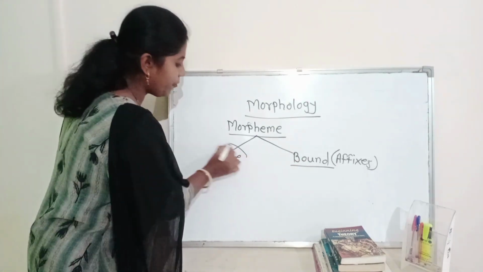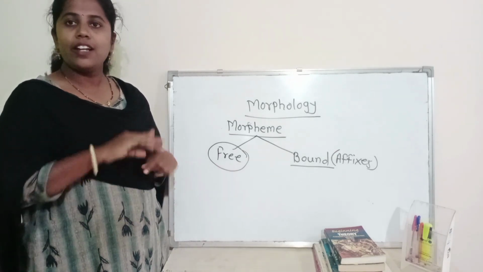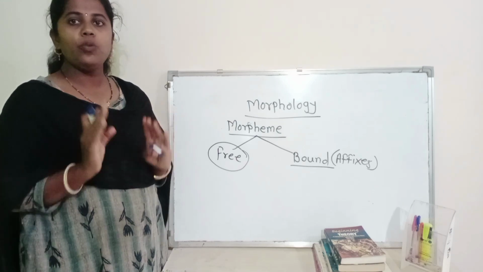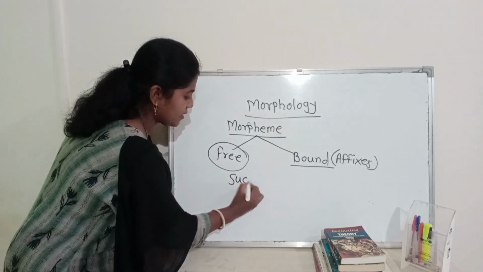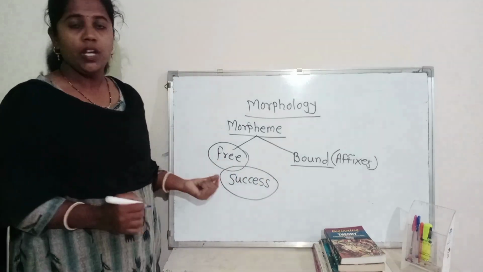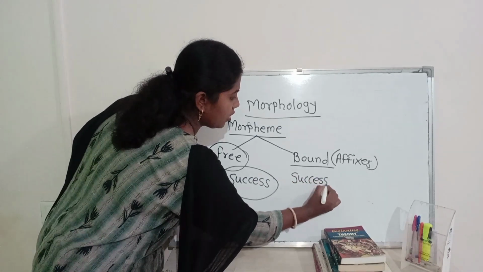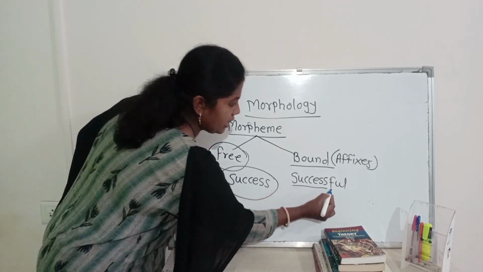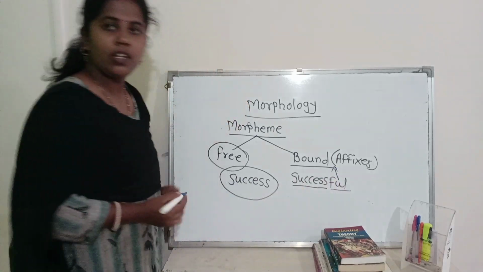If we think about free morpheme, by the title itself you can understand that it is free, means it is independent. There is no need of other things. For example, if I just write here success, this is a free morpheme. But if I write here successful, here success is the root word and ful is a bound morpheme.